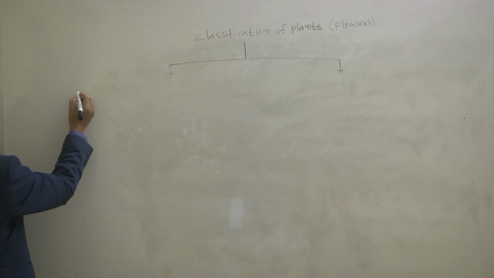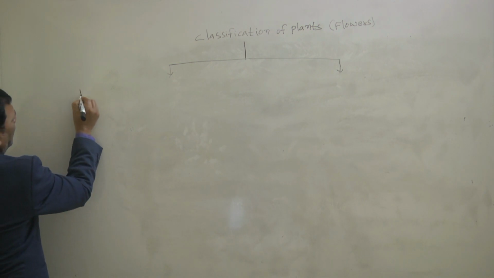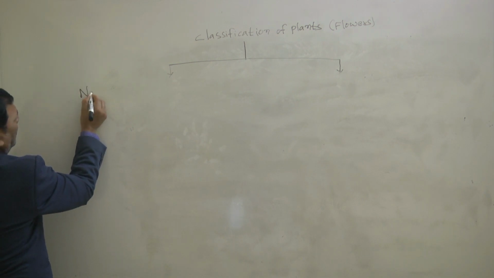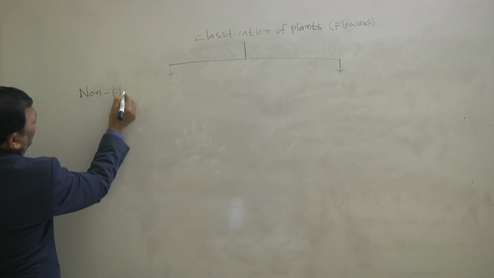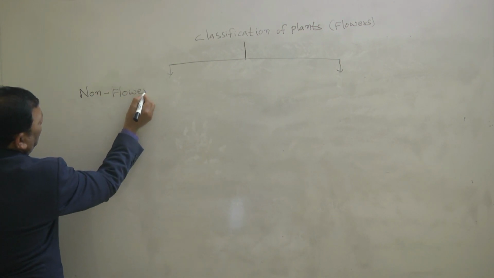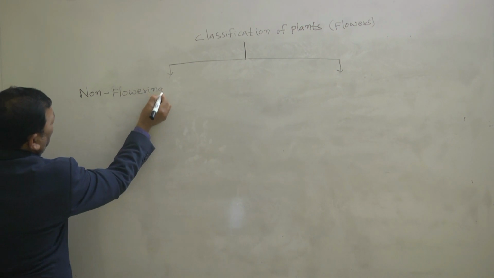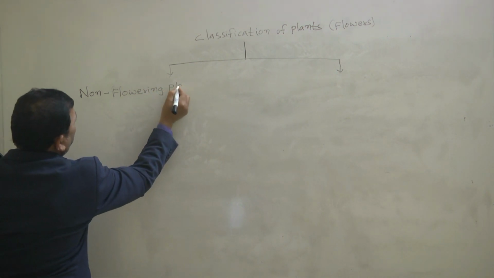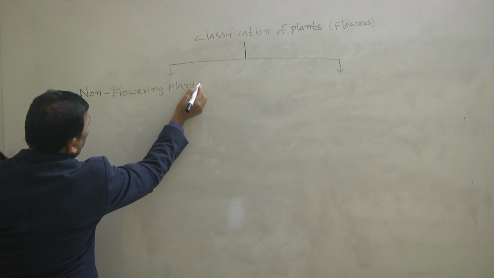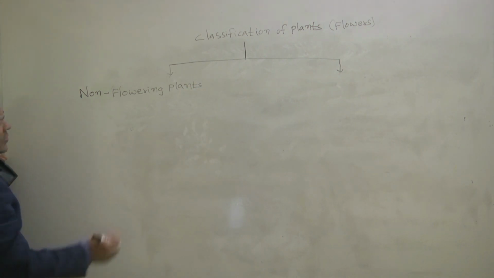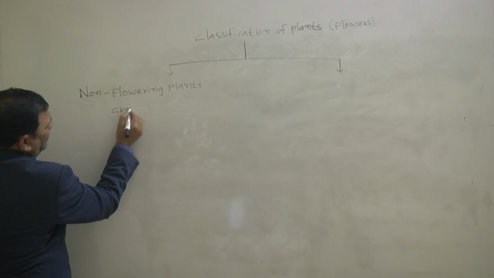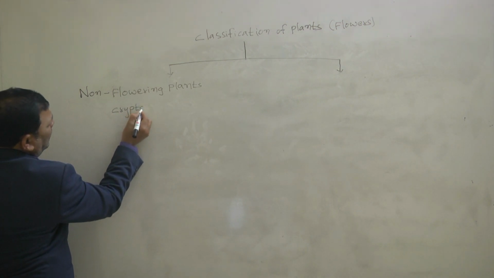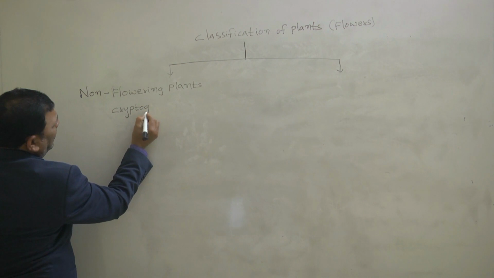One is the non-flowering plants. These non-flowering plants are also known as cryptogams.